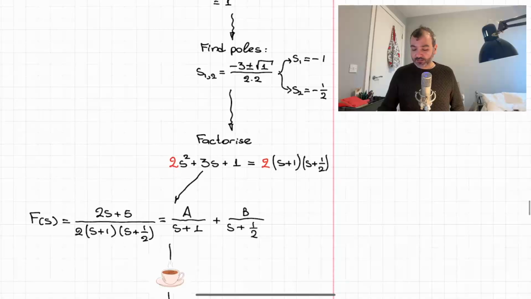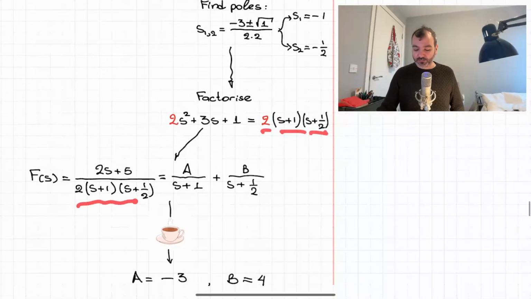To factorize it, we keep this 2 out as a constant, and then we do s minus the first root, s minus the second root, and this is your factorization. Don't forget this number 2. So 2, times s plus 1, times s plus 1/2.